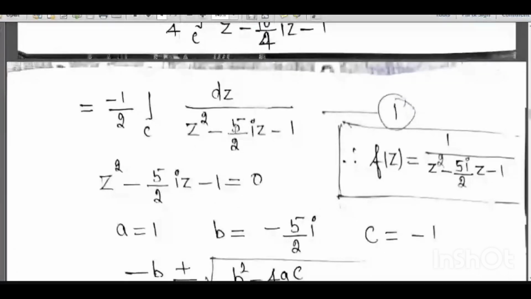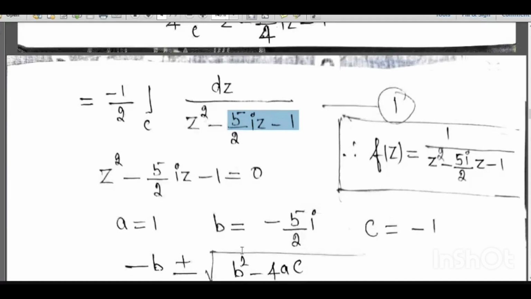You can compare with the theorem, the integral over c of f of z dz. Comparing these two, f of z is equal to 1 divided by z square minus 5 by 2 iz minus 1. This is f of z.